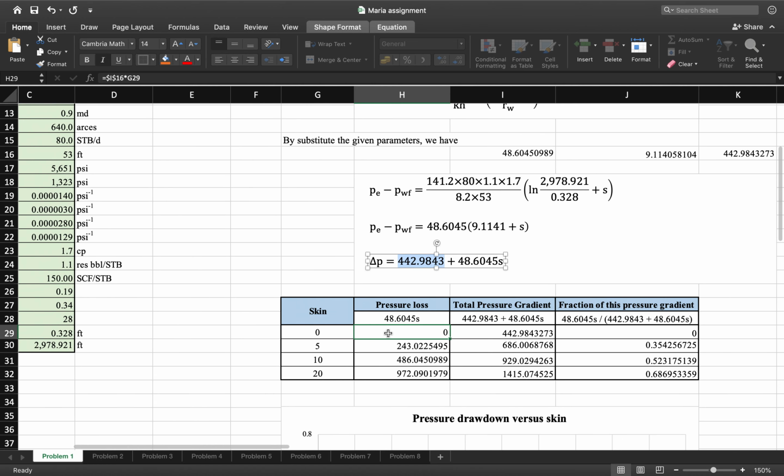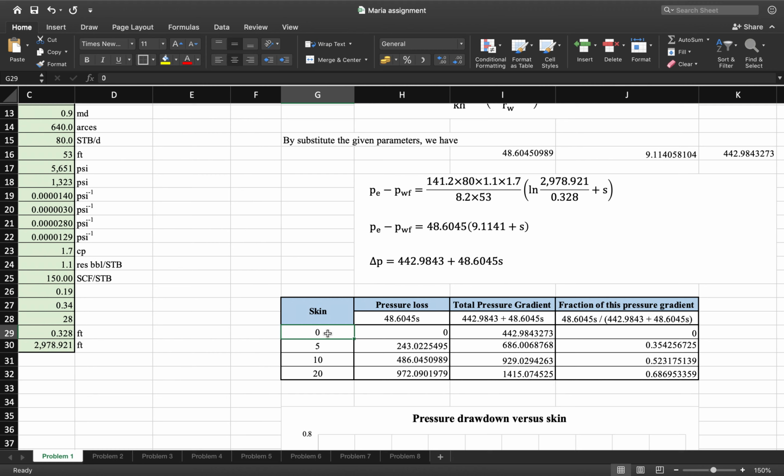Alright, so here you will have a survey of skin factor from 0 to 20. First, you will have the pressure loss. The pressure loss is equal to 48.6045 multiplied with the skin factor here. And when you replace the skin factor with 0, 5, 10 and 20, it will have this one.